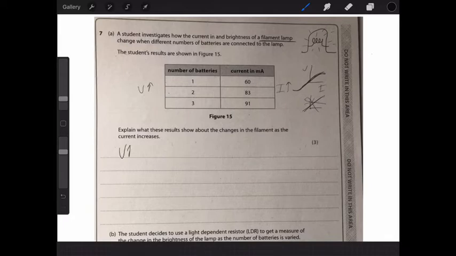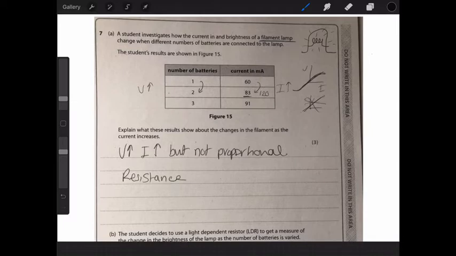Voltage increases, the current increases, but not proportionally. One way of showing that very simply is as you double the batteries from 1 to 2, the current doesn't double to 120 from 60, it only gets up to 83 milliamps, and that's because of resistance. So we've got to mention that.